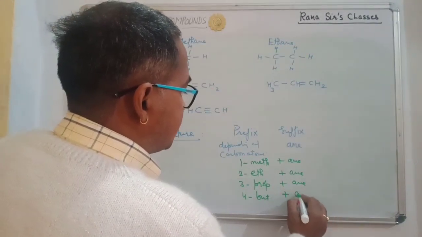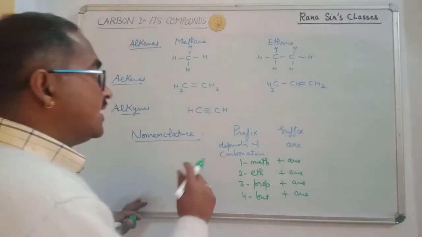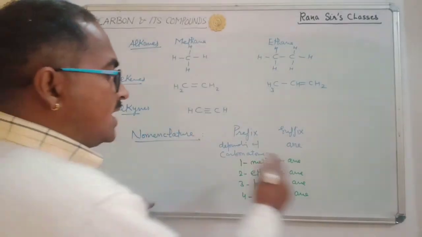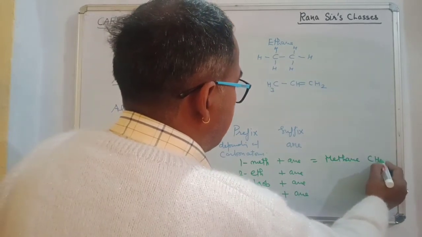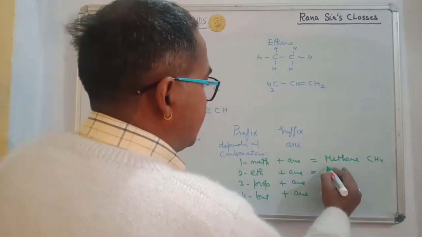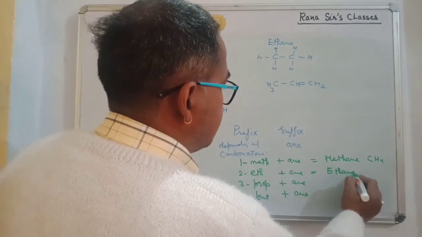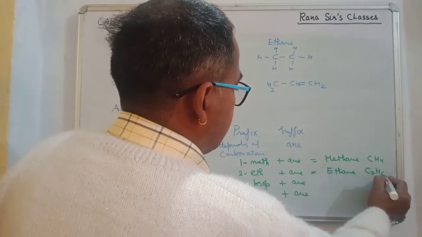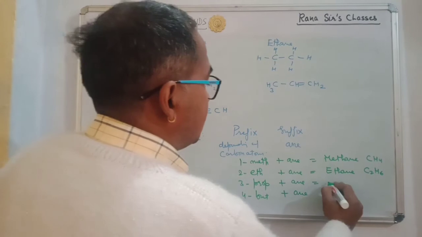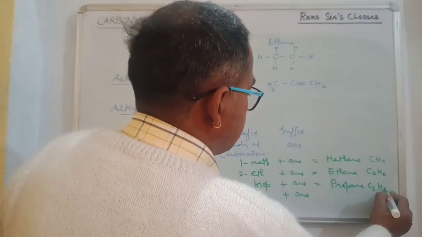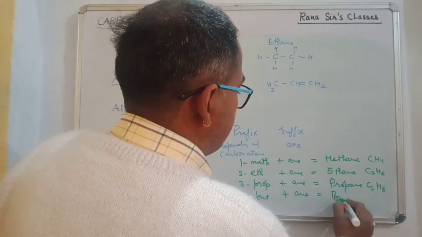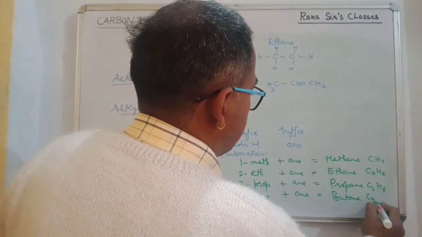"-ane" is the suffix. So a compound having one carbon atom will be methane, 1 carbon; ethane, 2 carbons, eth plus "-ane"; propane, 3 carbons; butane, 4 carbons.